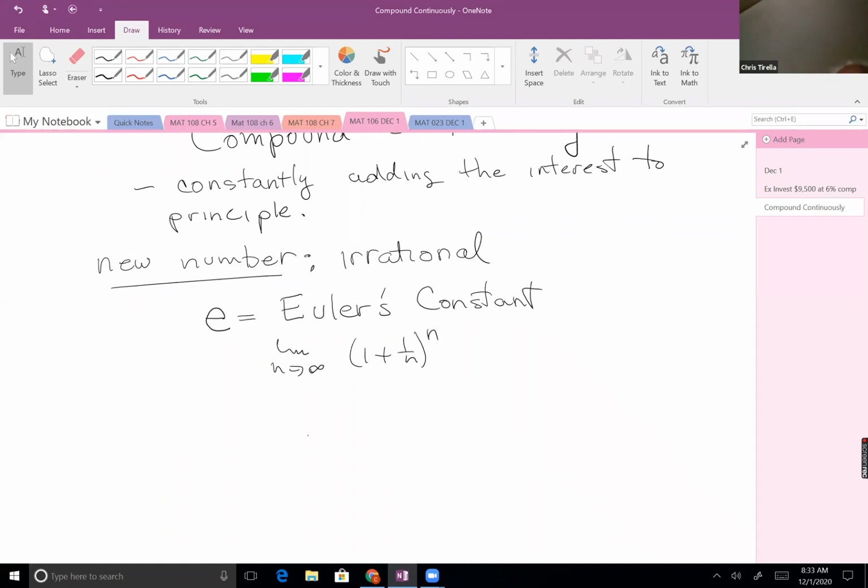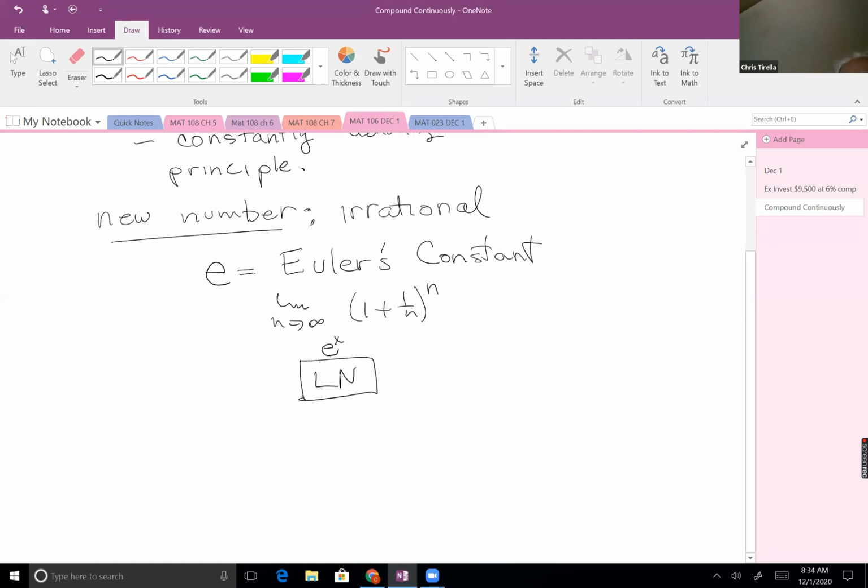Can everybody find the button LN that's near the log button? In tiny print, above the LN button, there should be written e to the x. And that's where you find E on your calculator.